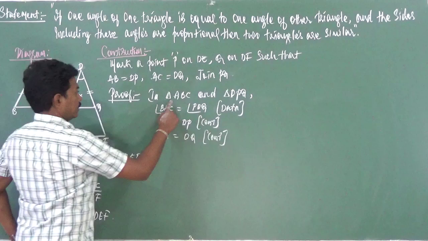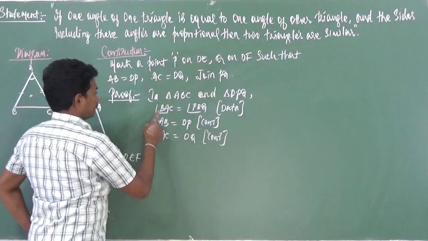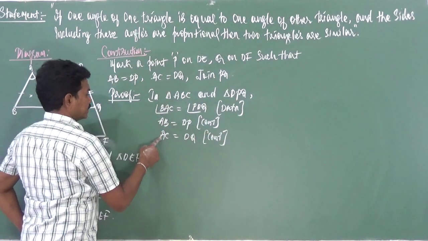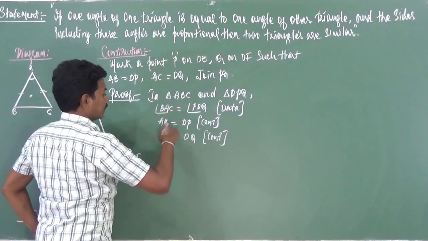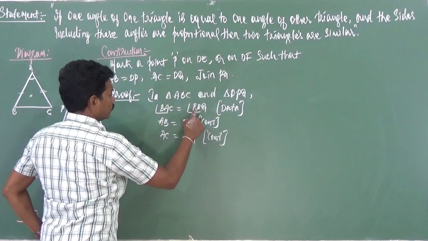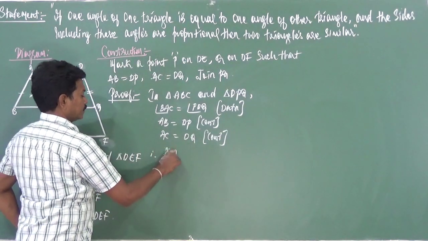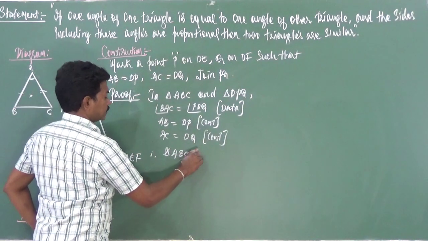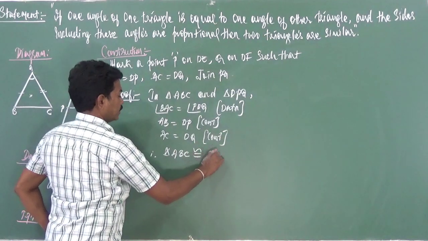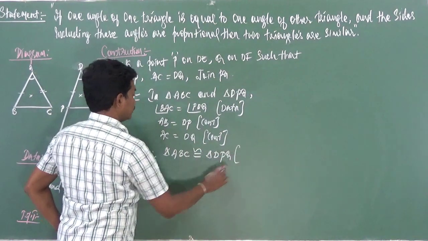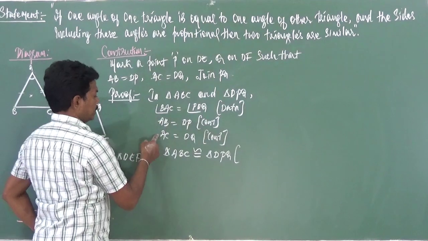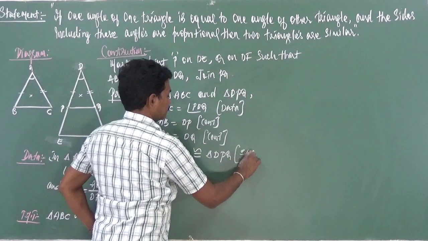So therefore, in both the triangles, one angle and two sides are correspondingly equal to one angle and the two sides. So therefore, triangle ABC is congruent to triangle DPQ.